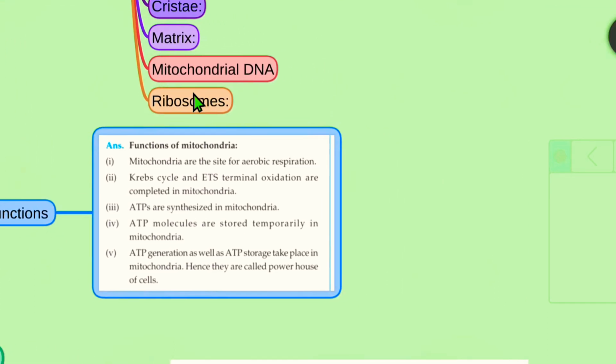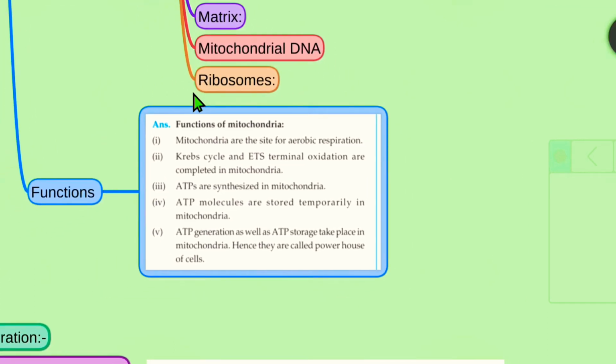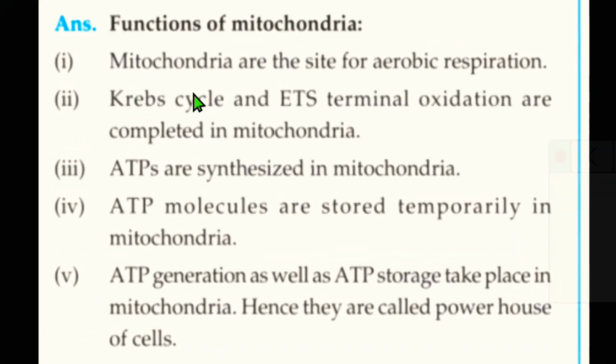We know that mitochondria are the powerhouse of the cell, but in respiration the mitochondria perform various functions. The first one is that mitochondria are the site for aerobic respiration, and the Krebs cycle and ETS terminal oxidation are completed in the mitochondria.